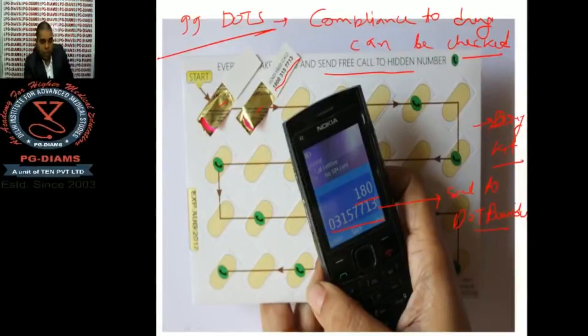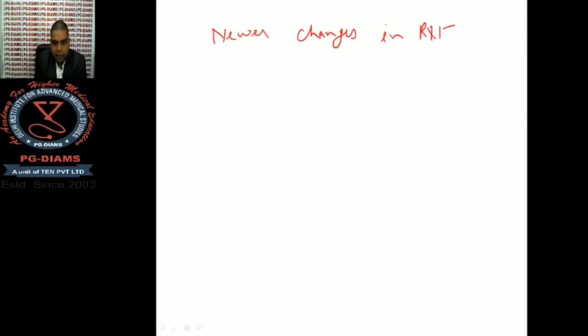Okay, so let's move to our third question. But before that, let us also discuss some of the newer changes in the RNTCP guideline, because these questions are going to come again and again.